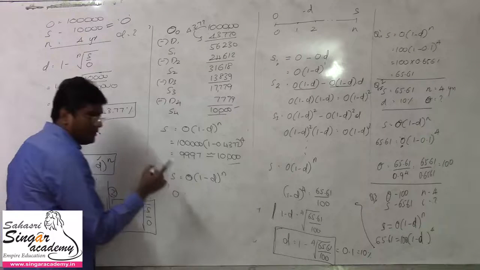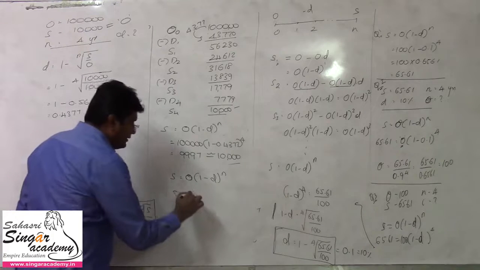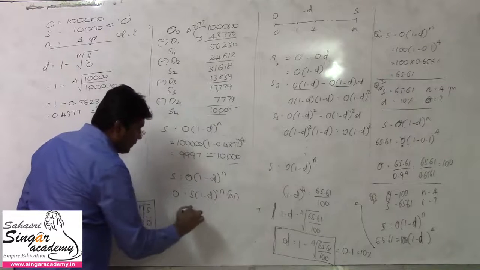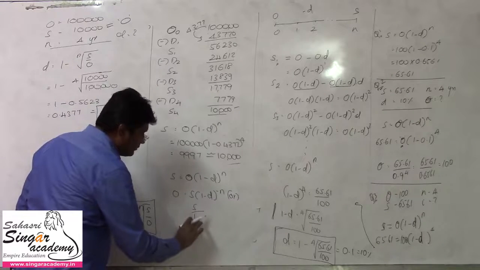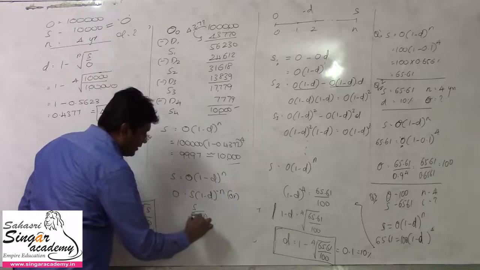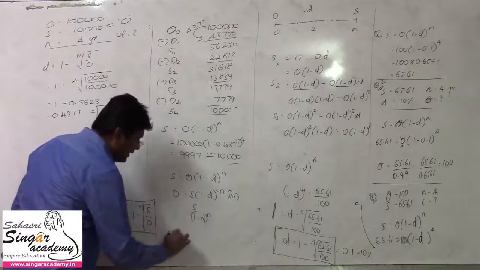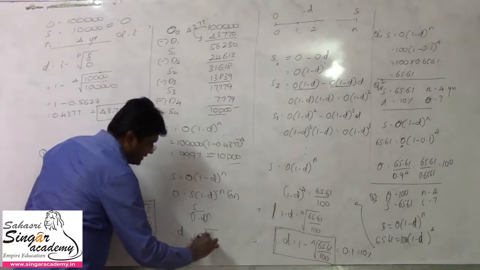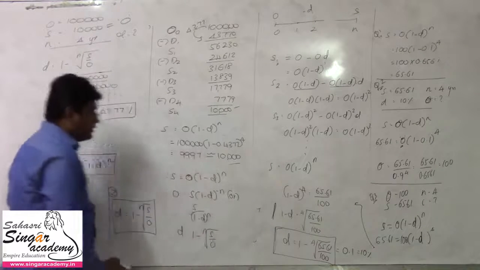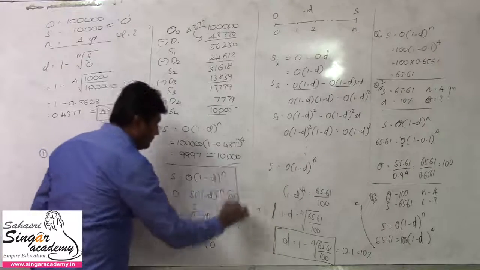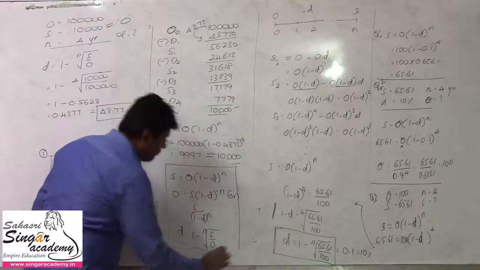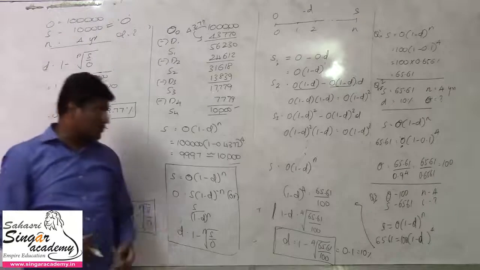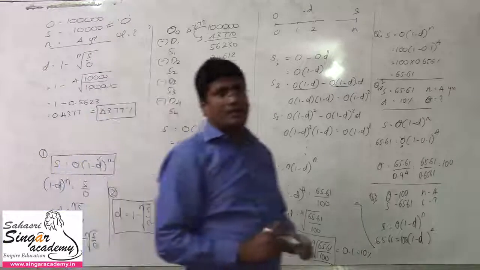To find original value when the scrap is given, S into 1 minus D to the power minus n, or S divided by 1 minus D to the power n. And to find D, 1 minus nth root of scrap by original value. You can keep these three formulas as a set, so that you can get whatever you want faster. Read this along with the compound interest format, so that you can understand the connections between the two.